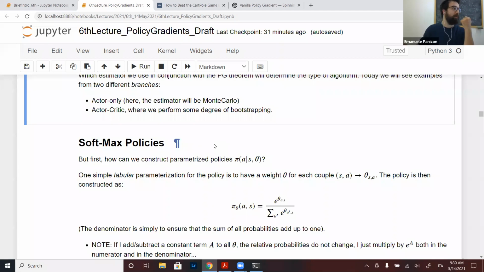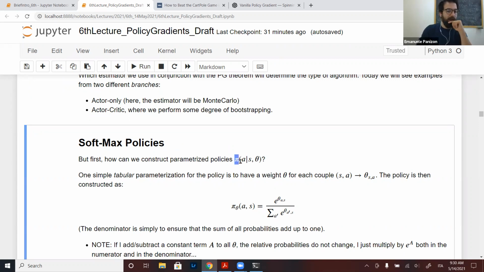So the first thing one should ask is, what kind of parameterized policies are we talking of? How can we construct a parameterized policy pi of A given S, theta? A very simple one, which we already found in the past lectures.